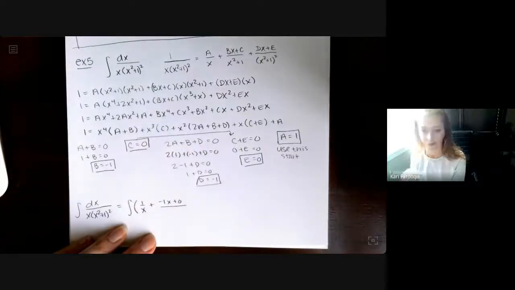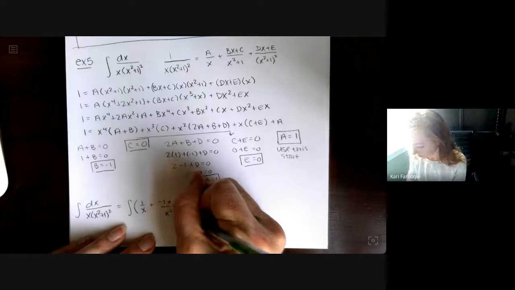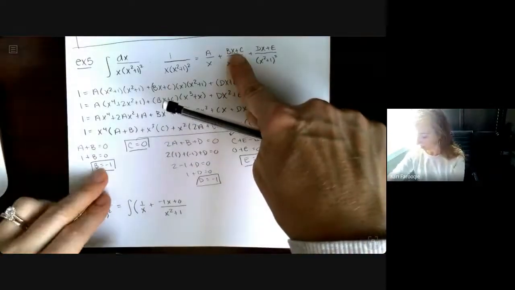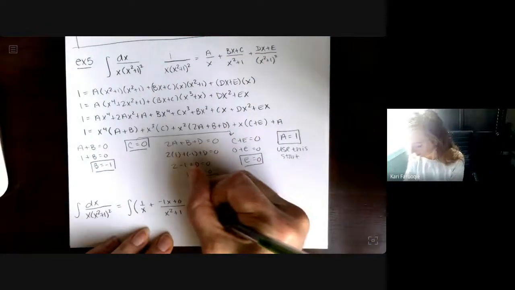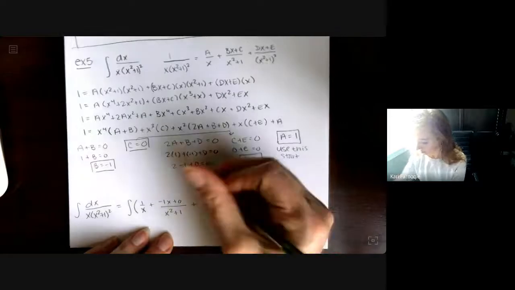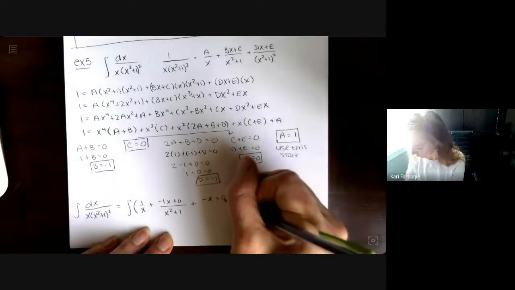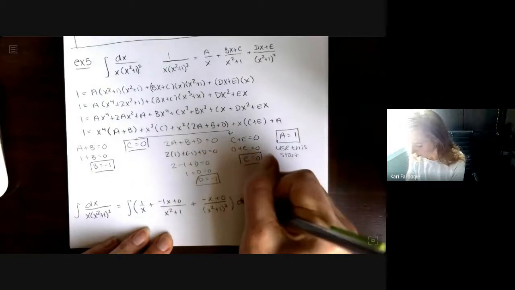I'm writing this just because I'm demonstrating it to you. Obviously, you don't have to write a plus 0. So plus bx plus c over x squared plus 1, then plus dx plus e divided by x squared plus 1 quantity squared.